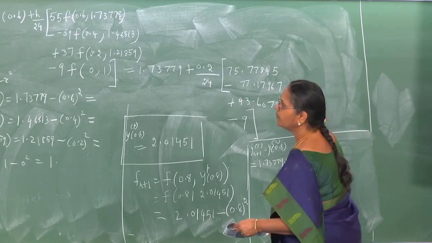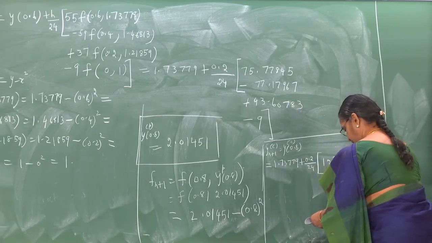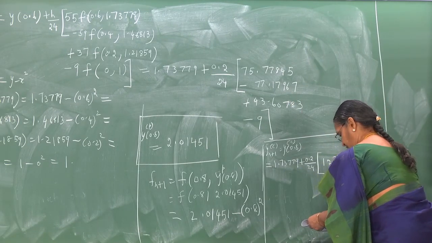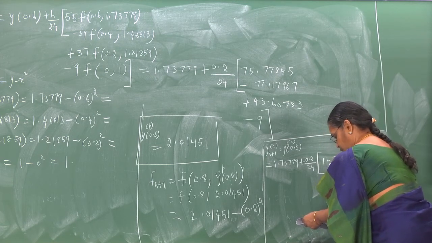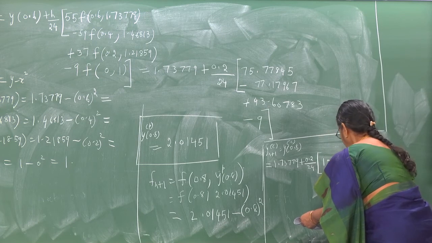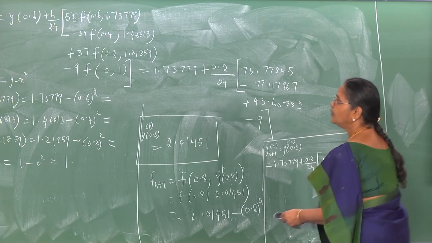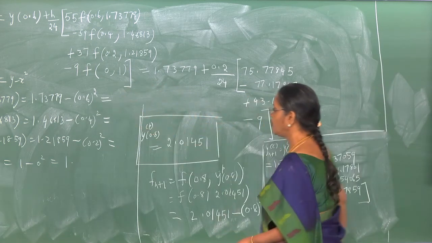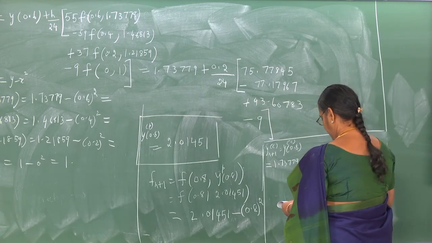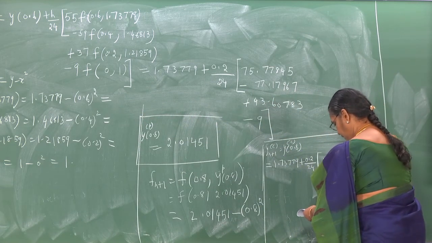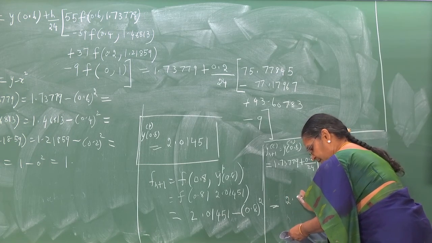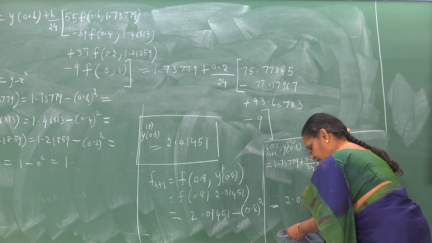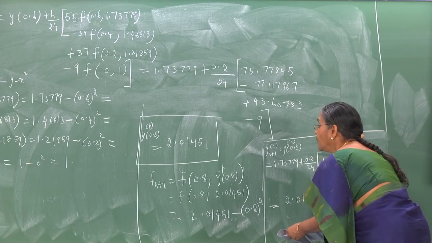Then the third term minus 5 fn, that is 6.54065, and finally plus 1.17859, which is fn minus 2, and that turns out to be 2.01434.